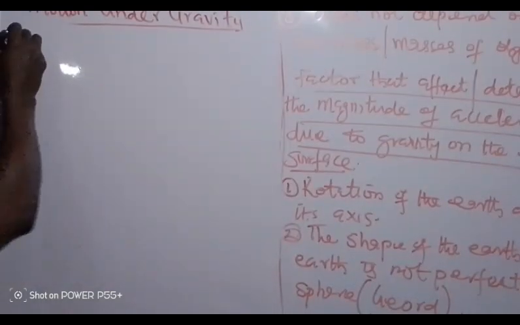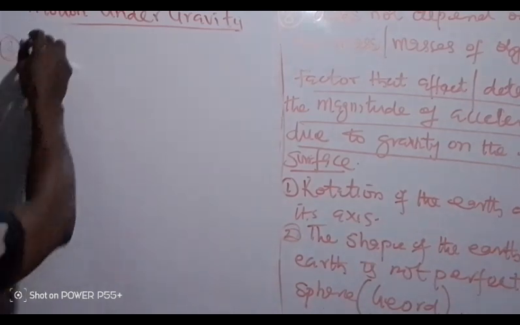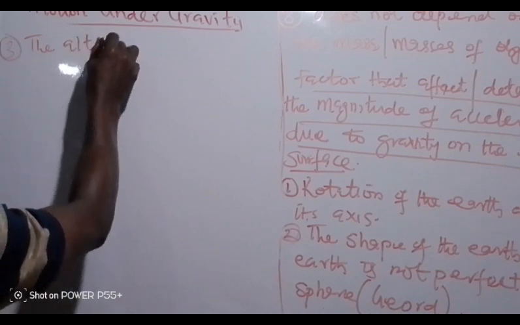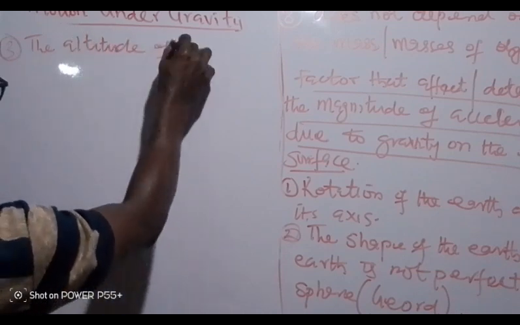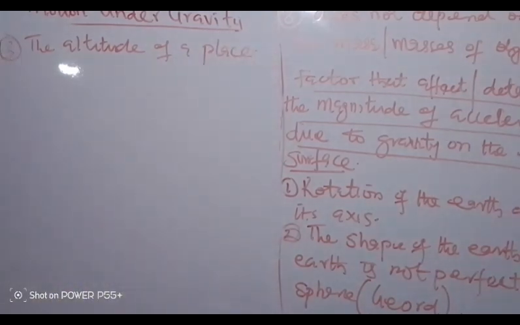Number three factor that determines the value of g on the Earth's surface is the altitude of a place. What I mean by altitude is the height of a particular place on the Earth's surface. Since on the Earth's surface all objects cannot have the same height, it makes the value of g vary.